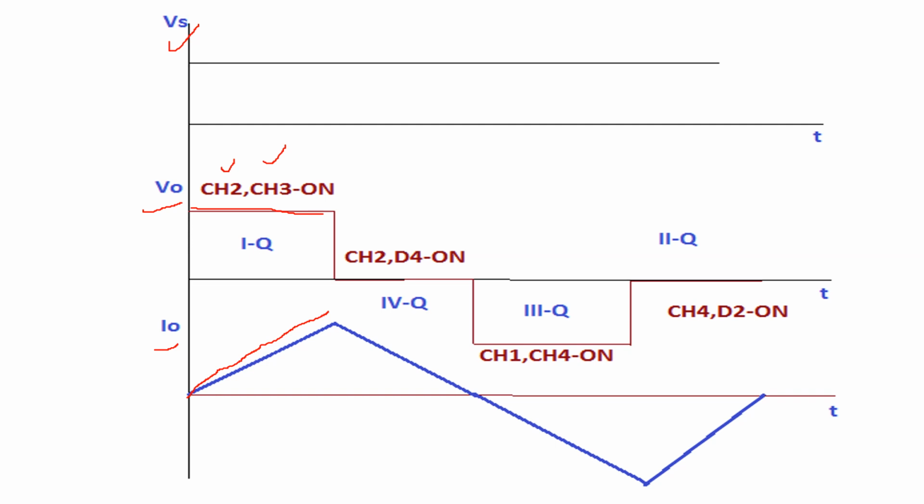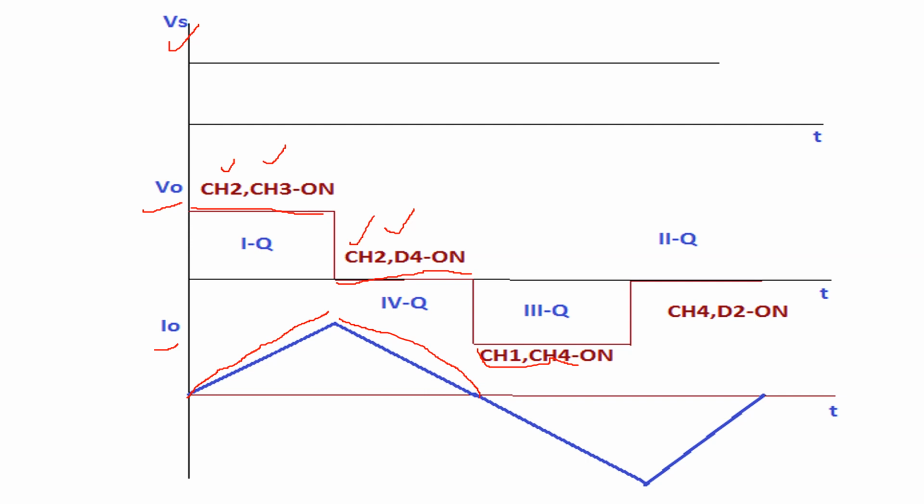Coming to the second case, after completely charging, CH3 comes into off state. So in the second case we consider CH2 and D4 in on state. Due to the conduction of these two, the inductor starts discharging, so the load voltage becomes 0, and this is the discharging current which is positive. After completely discharging the inductor, we consider CH1 and CH4 in on state.